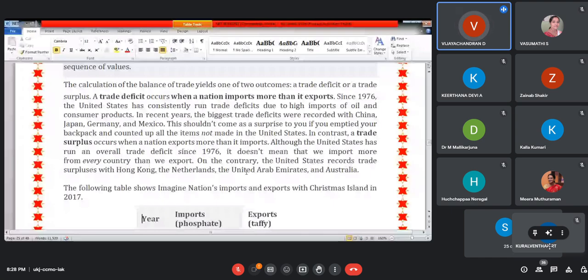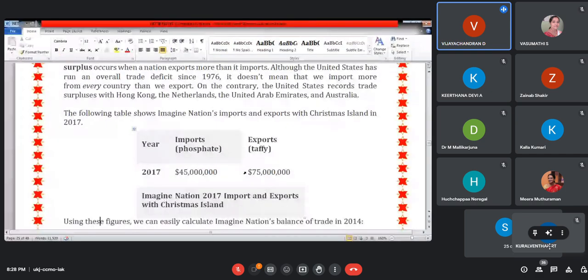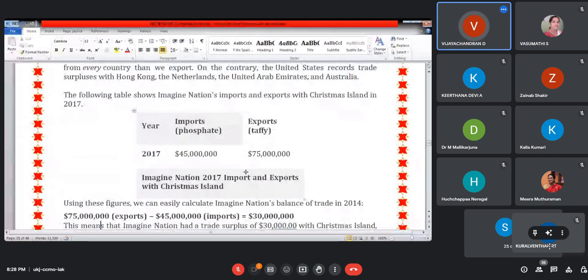In that, we have to see the balance of payment. Also, in the balance of payment, we have to know the two types of accounts that we have to see. What are the accounts involved in the case of balance of payment?